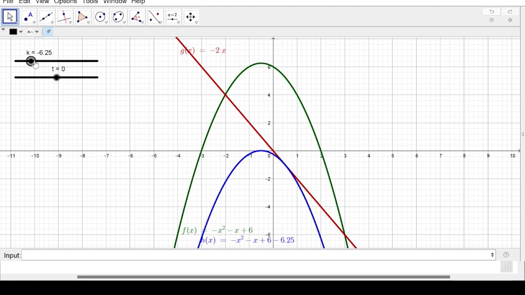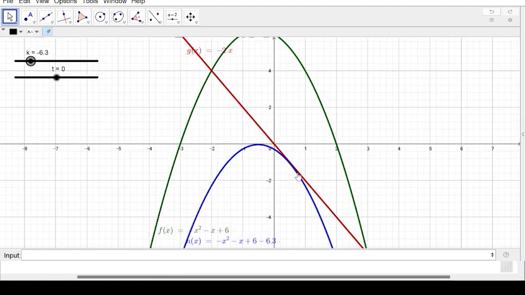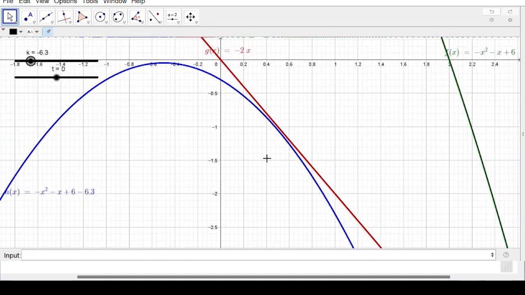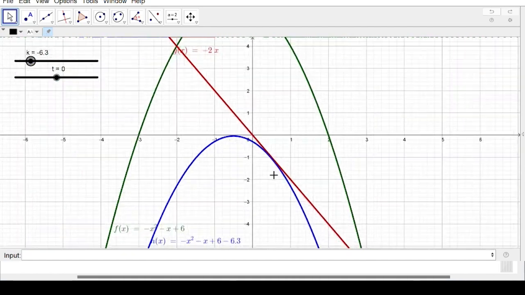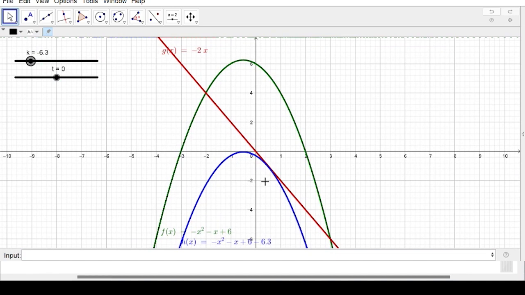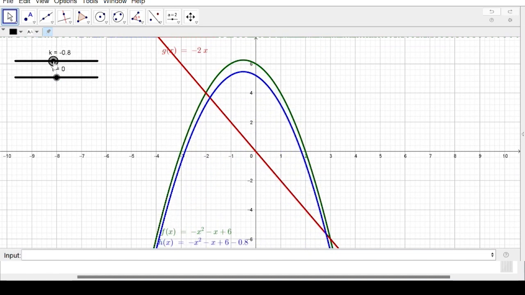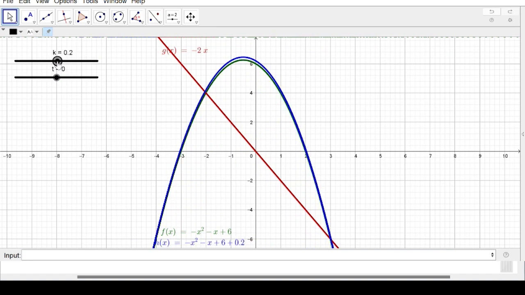If I go slightly smaller, they come to a point where they are in fact missing one another. It might look like they're touching, but if I zoom right in, we'll see that they actually are missing each other at that point. Okay, so we need to drop it by more than 6 1/4. Okay, hope that's been useful. We're going to come back to that sketch shortly, or a slightly different one. So I'm just putting that back to 0.